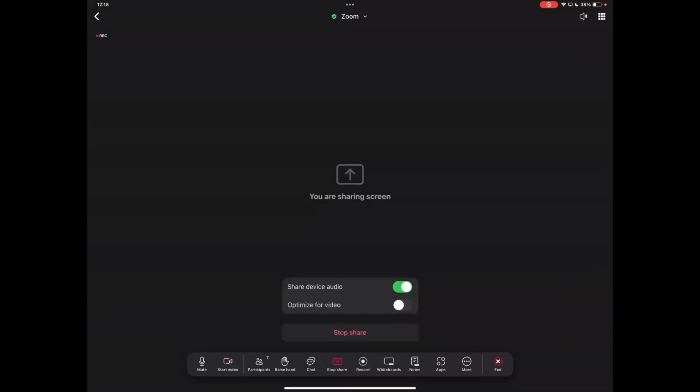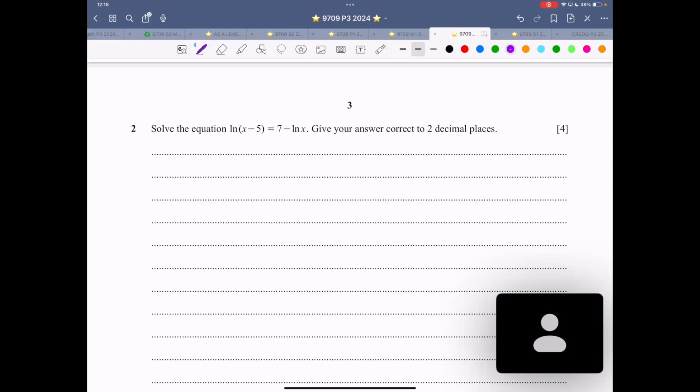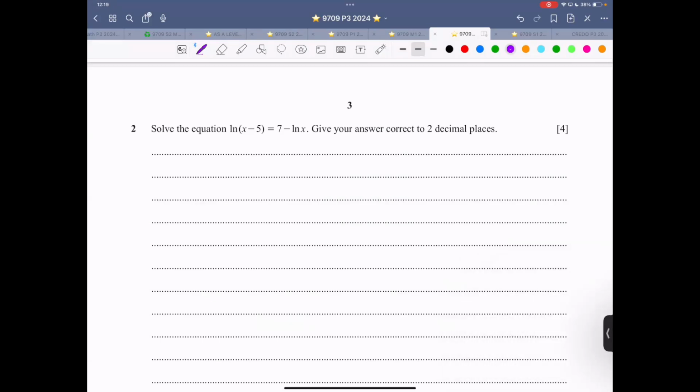Now people, let's look at this question, which is question number 2. It says solve the equation ln(x minus 5) equals 7 minus ln x. The very first thing that I'm doing is bringing all the ln terms to one side, constant on the other. Then I'm applying the rule of ln: there is a positive sign, therefore ln of (x minus 5) into x equals 7.